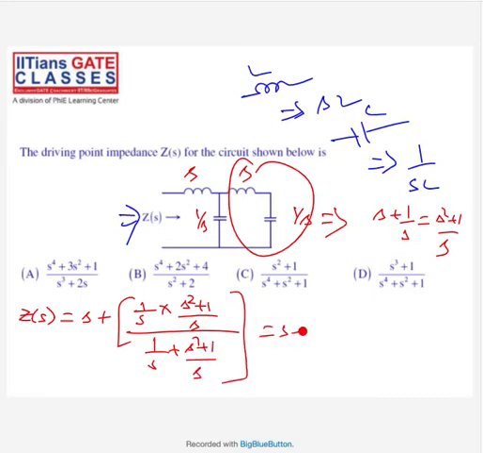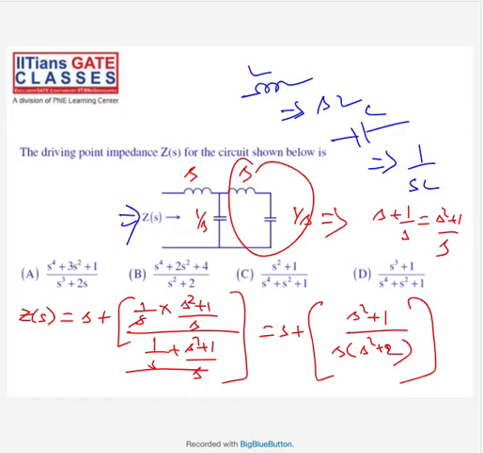So the LCM is S, so this S will get cancelled with one of the S. So S square plus 1 by S into S square plus 2, right? This is what you'll get. If you take the LCM, I'm writing it here.